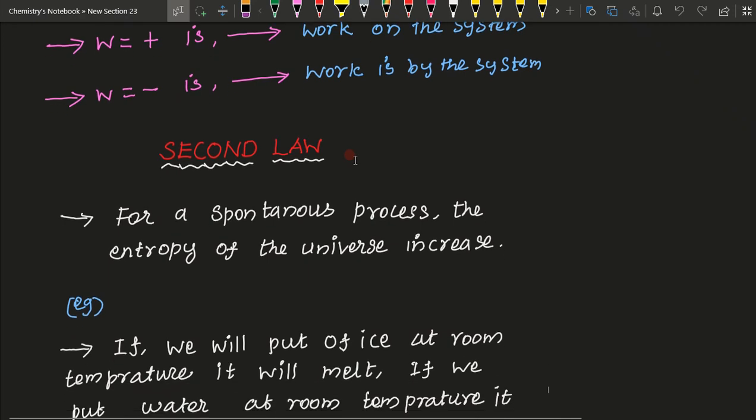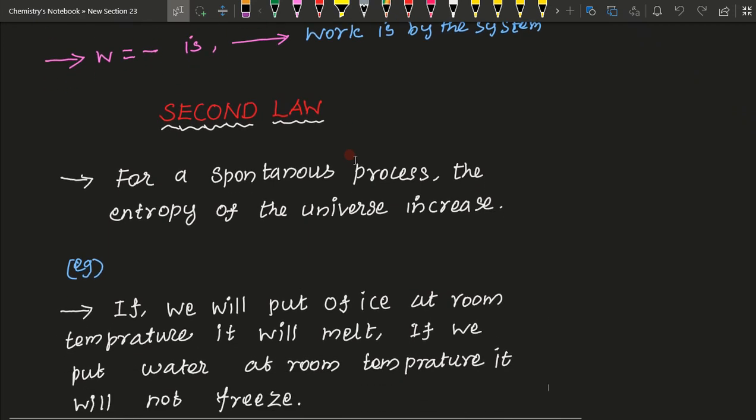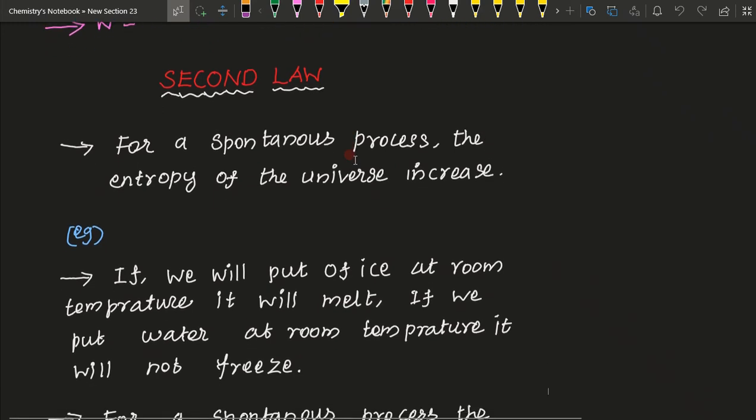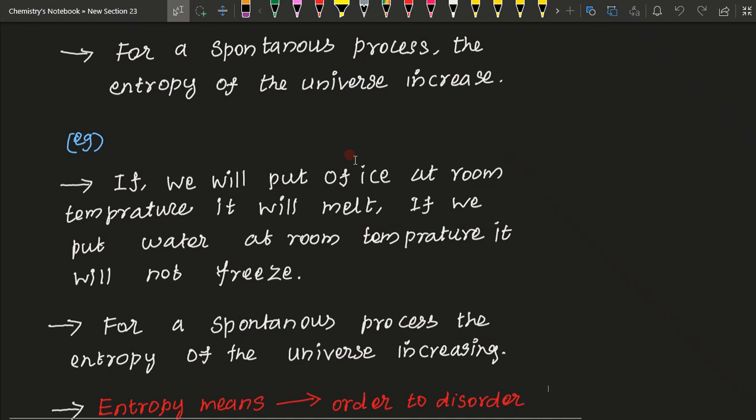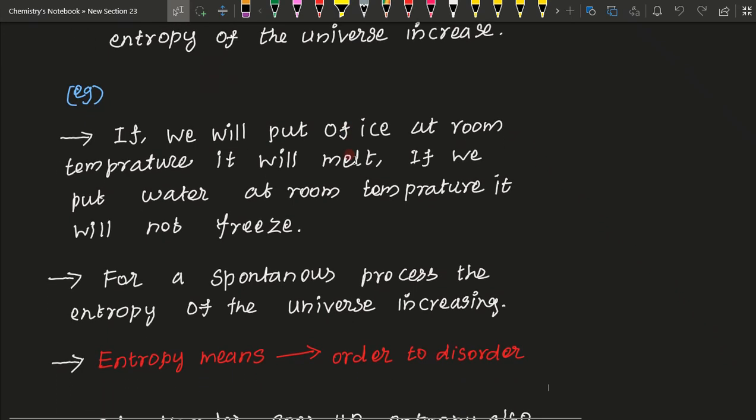We can see the second law. For a spontaneous process, the entropy of the universe is always increasing. Example, if we put ice at room temperature, it will melt.